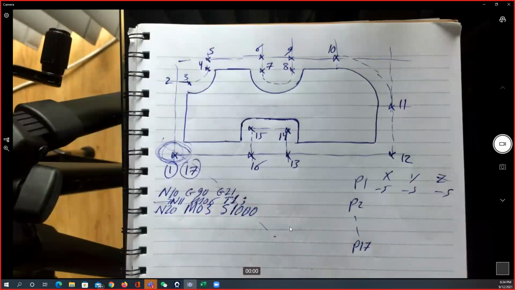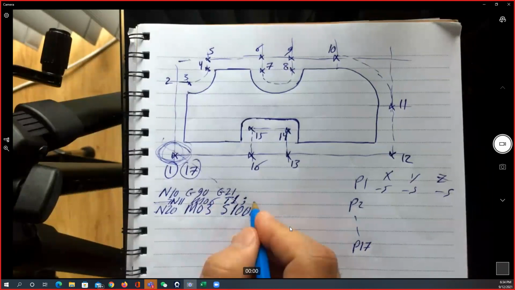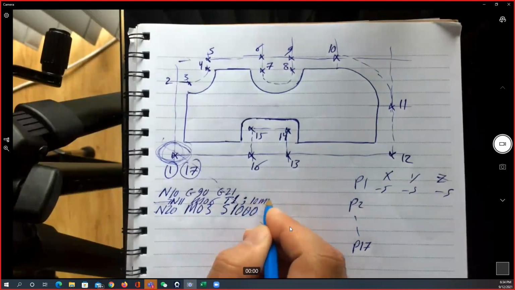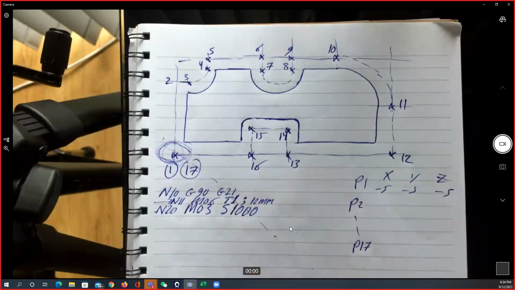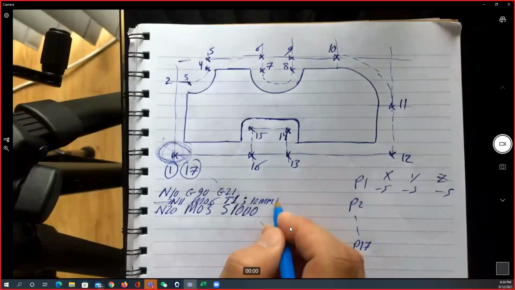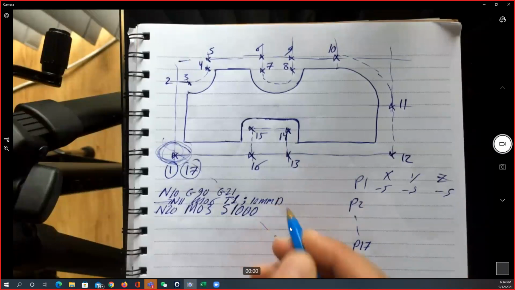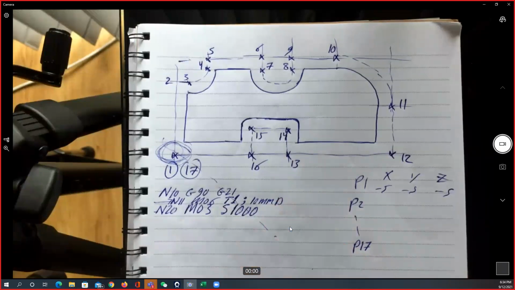If I put that, it's not going to be read after this point. I will say that the tool number 1 is 10 millimeter diameter. Okay, so people will understand that tool number 1 means a 10 millimeter diameter cutting tool.